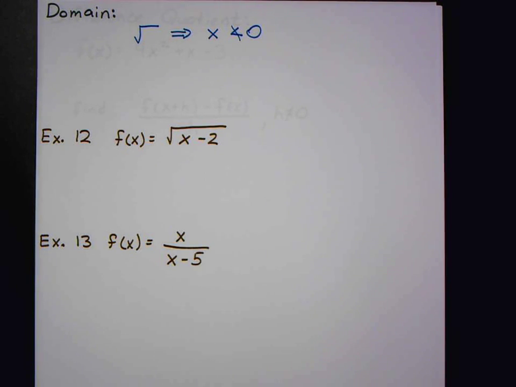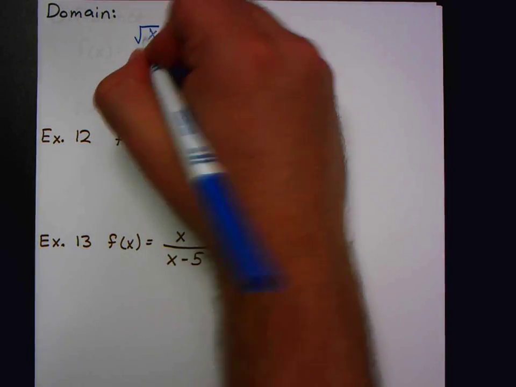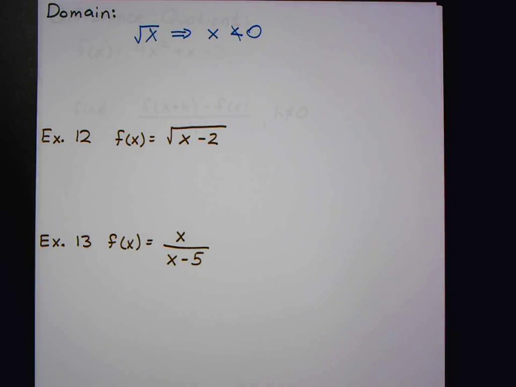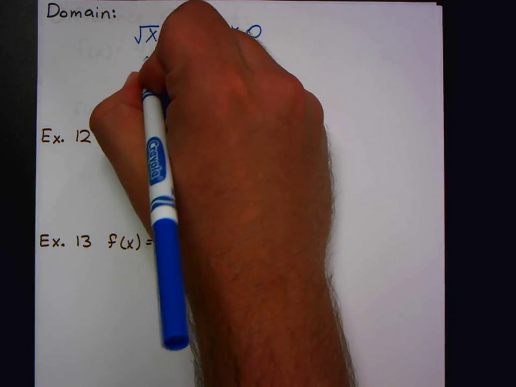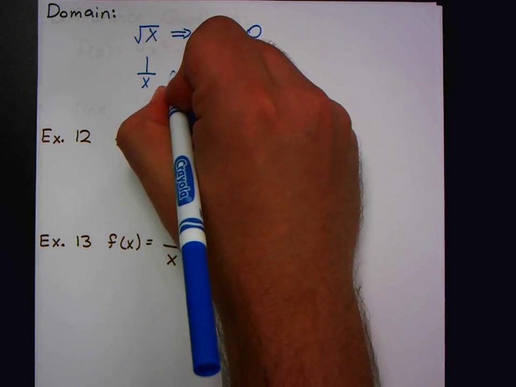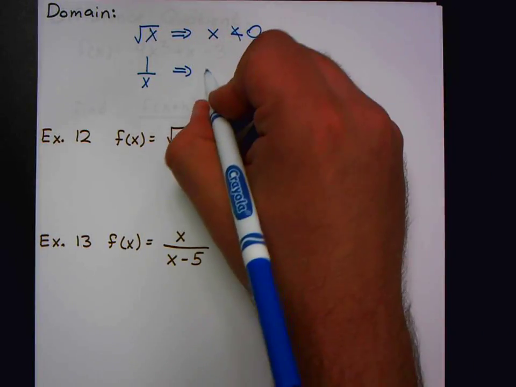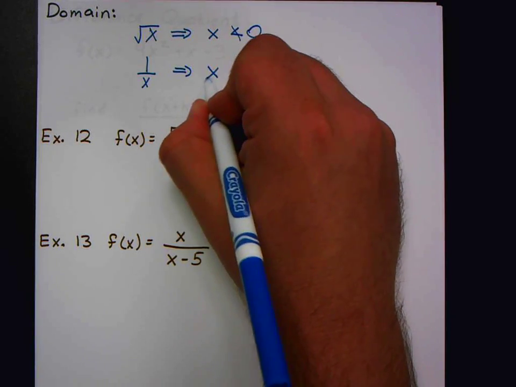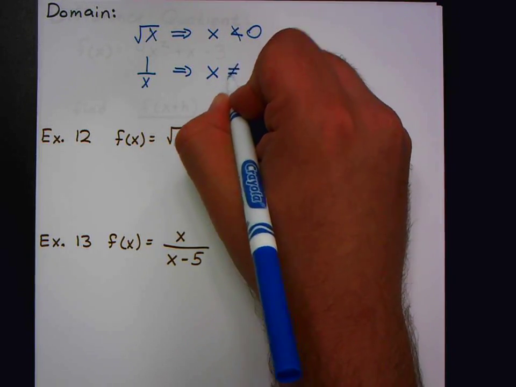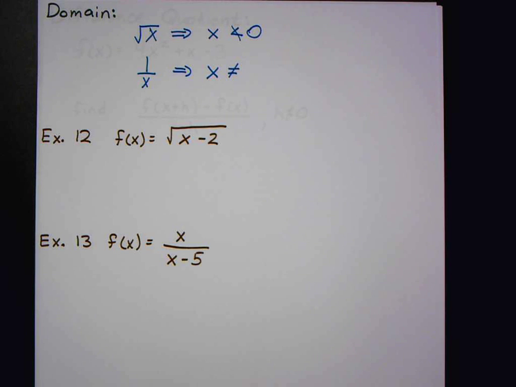So, if x is greater than or equal to 0, we're good. Rational functions. Out of all the x values, what is the one thing x cannot equal? 0.